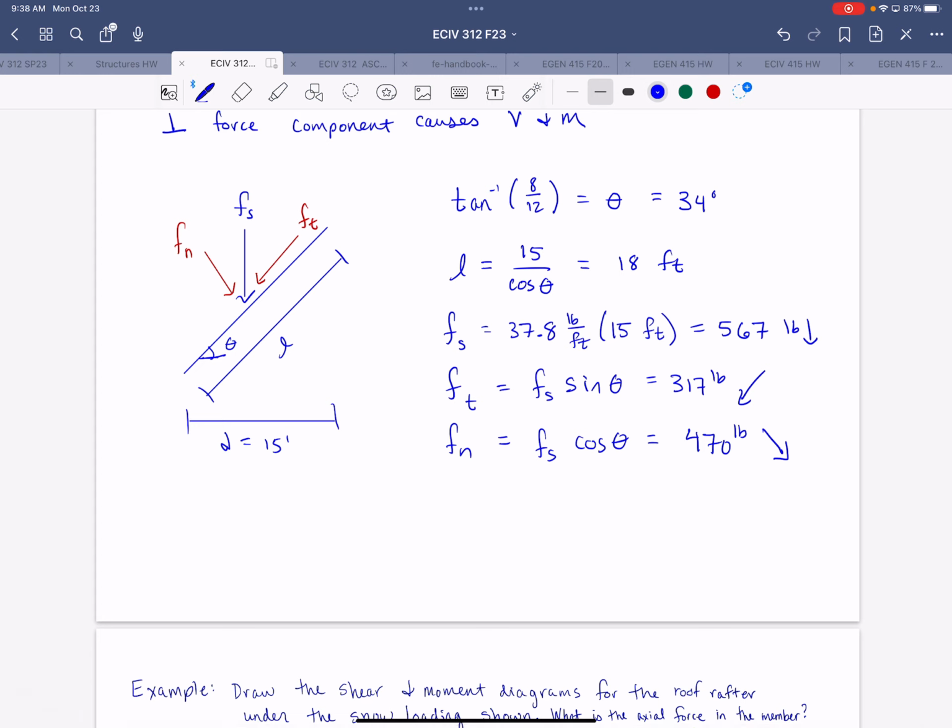So what we're interested in ultimately is the distributed load that acts perpendicular to the joist. All right, so that's the Wn. So Wn is going to be the normal component, the resultant, divided by the length of the rafter. So we have 470 pounds divided by 18 feet, which is 26.1 pounds per foot.